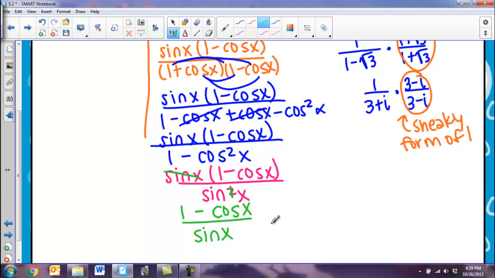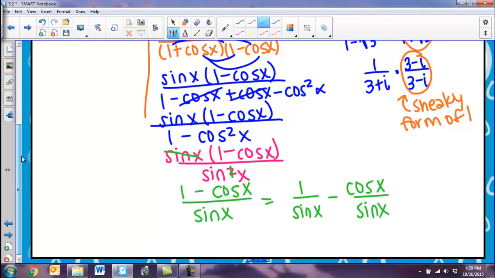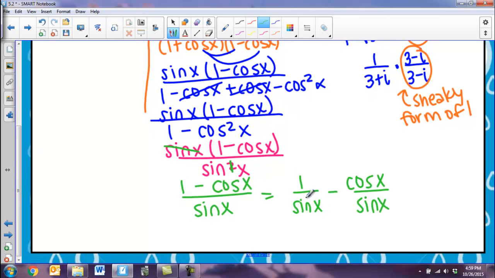Knowing your rules of fractions, it is okay to split this up into 1 over sine x minus cosine x over sine x. They both have the same denominator. If I put this back together, I would have the same expression. So knowing my reciprocal identity, 1 over sine x is cosecant x, and cosine x over sine x is cotangent x. And that is what I wanted to find.